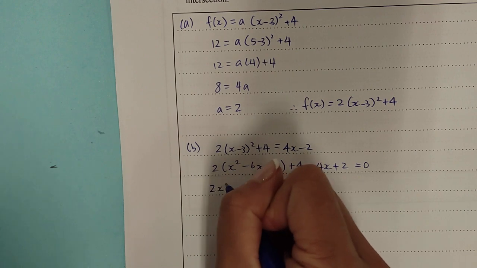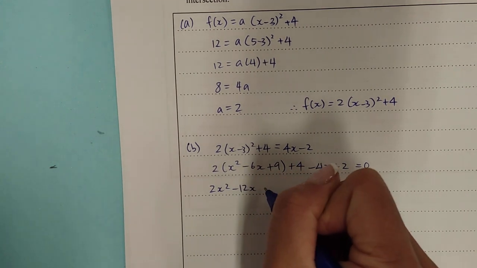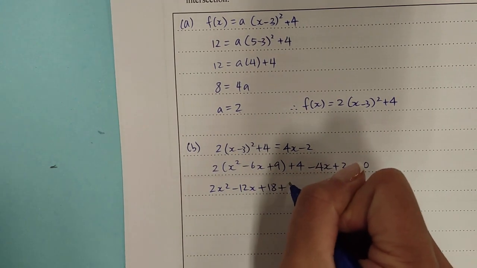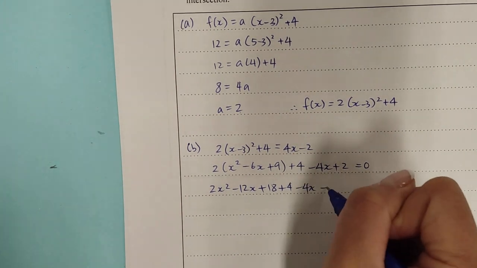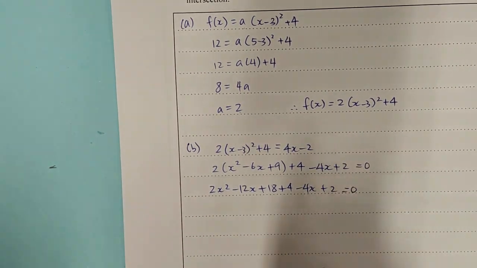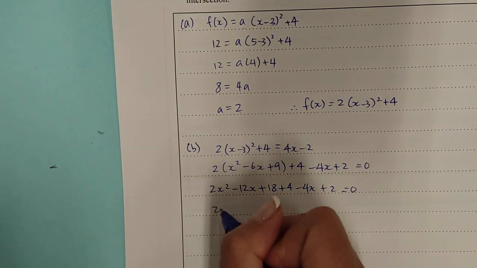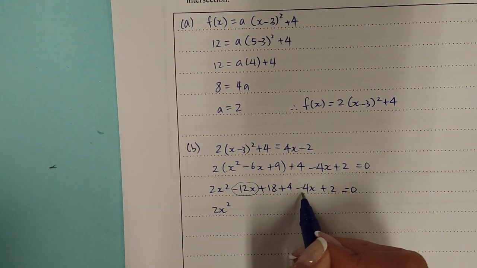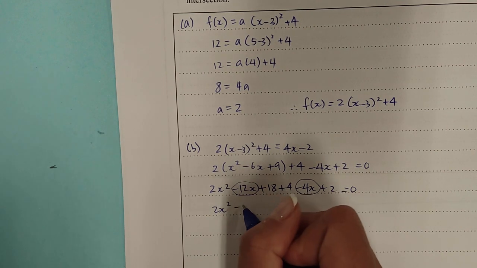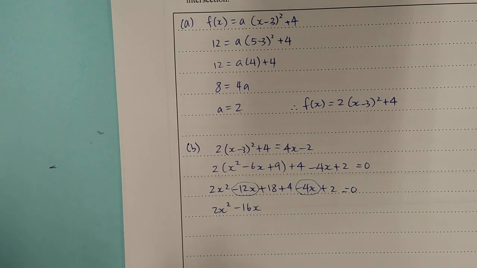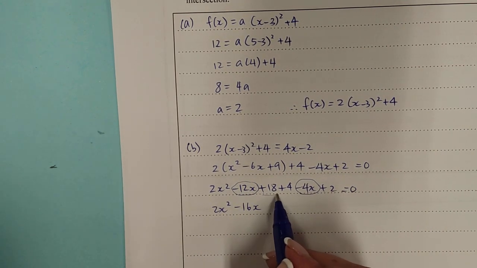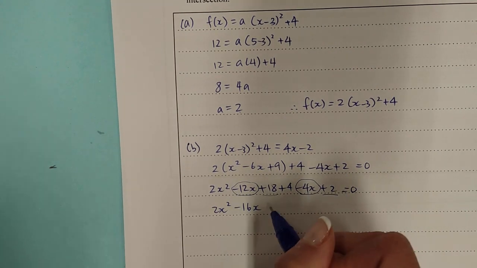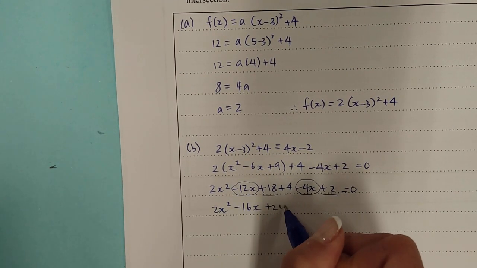So this becomes 2x^2 - 12x + 18 + 4 - 4x + 2 = 0. Let's combine our like terms. So we have 2x^2, we have a -12x and a -4x, that gives us -16x. Then we have 18 plus 2 is 20, plus 4 is 24.